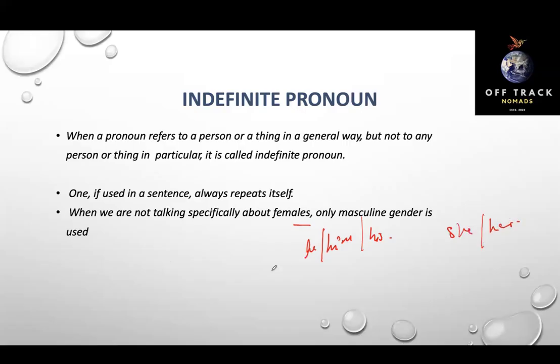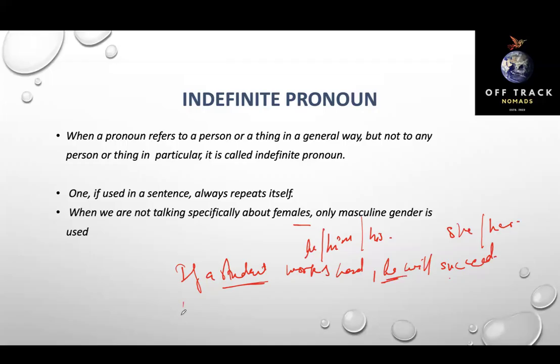Okay? If a student, for example, if I give you an example, if a student works hard, right? Student, we do not know the gender. What will I write? He will succeed, right? See how I have used he as a pronoun here, right?